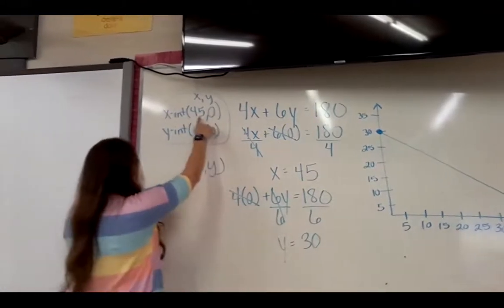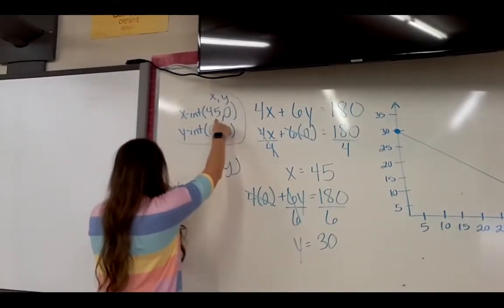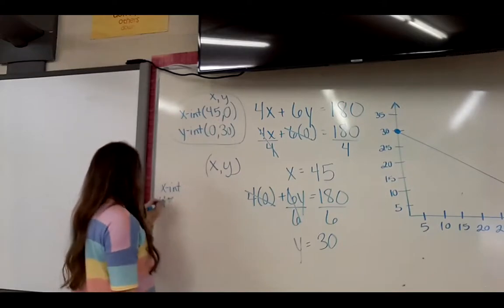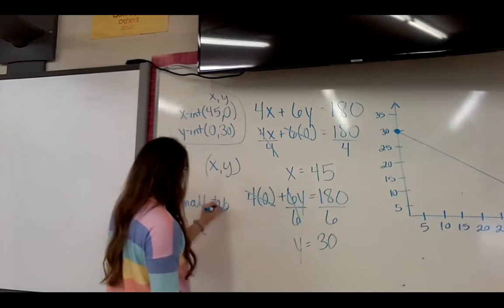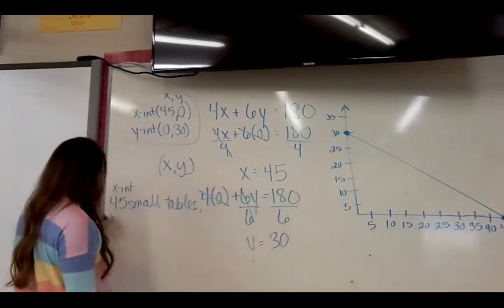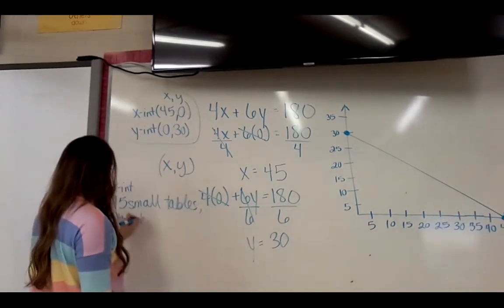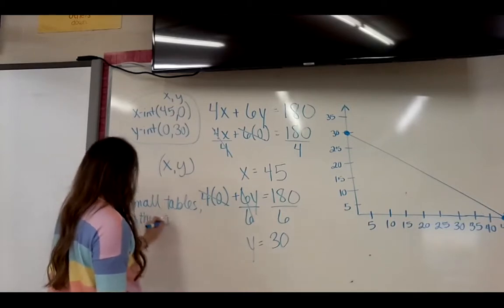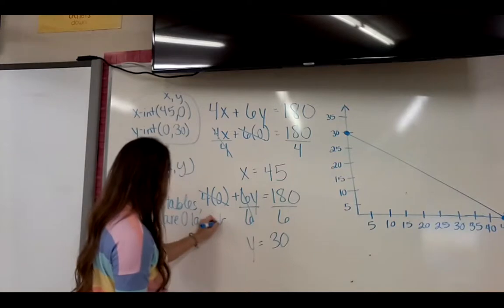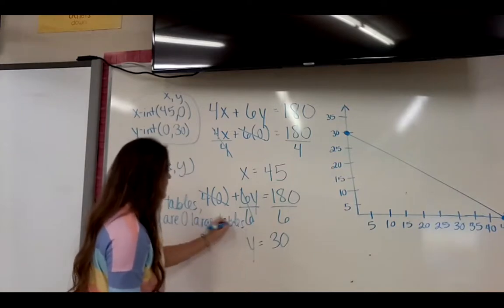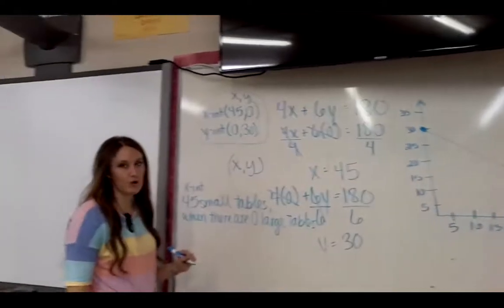So what this means, my x-intercept, is that they can have 45 small tables when there are no large tables, when there are 0 large tables. It just wants to know, can you go back and put it in terms of that problem?